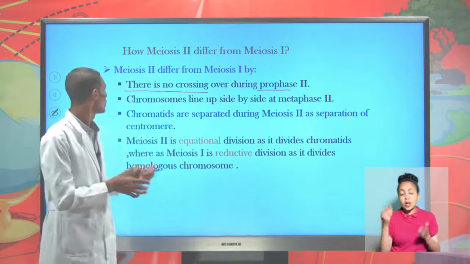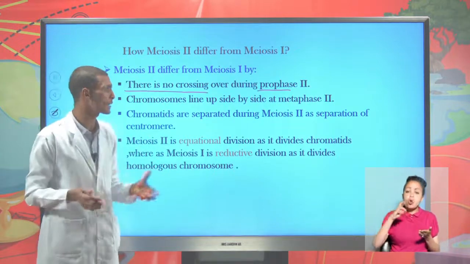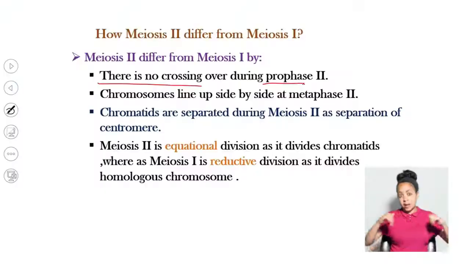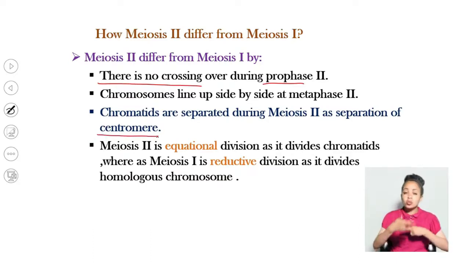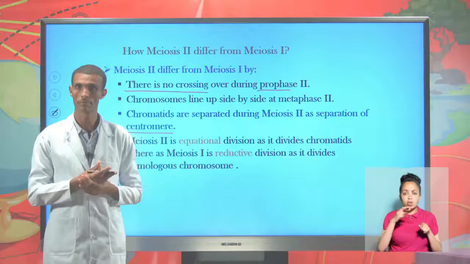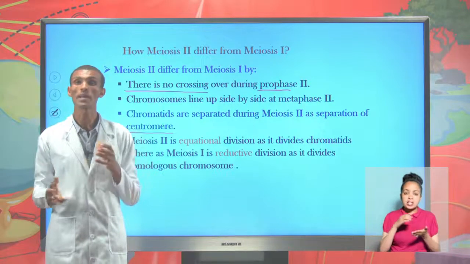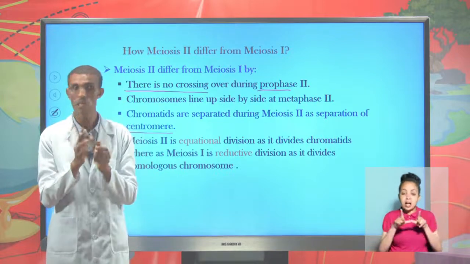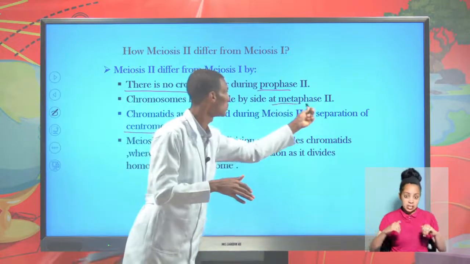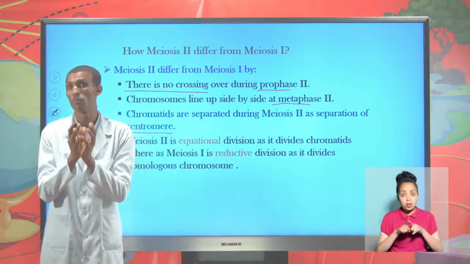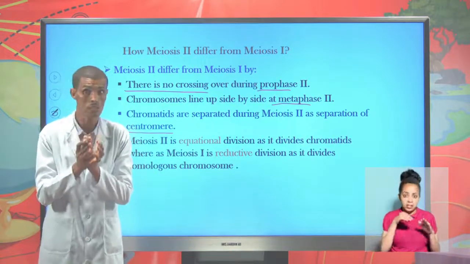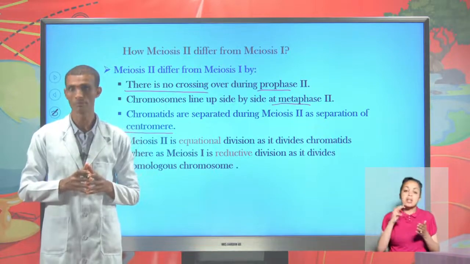And again, chromatids become separated during meiosis II, as the process of separation of sister chromatids. As the centromere separates, there is a separation of sister chromatids. And again, chromosomes line up side by side during metaphase II. It is a random alignment of chromosomes that takes place during metaphase II.